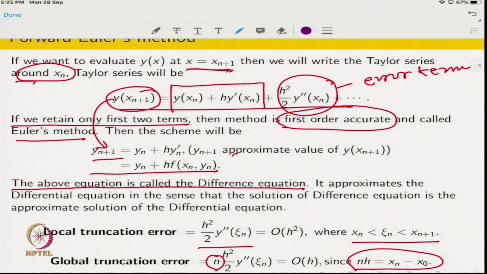Some people also, if we retain 2 terms, call this the TS1 method. If we retain p plus 1 terms, this is called a pth order method, because here we are retaining 2 terms and it is called a first order method.